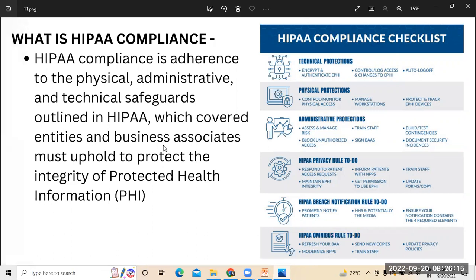This HIPAA compliance checklist, all these things will be taken care of under this. Being a business analyst, as we are learning, we were focusing more on that. That's what I generally want to say, that is what we see under the HIPAA compliance checklist.